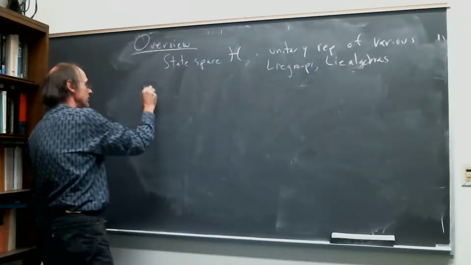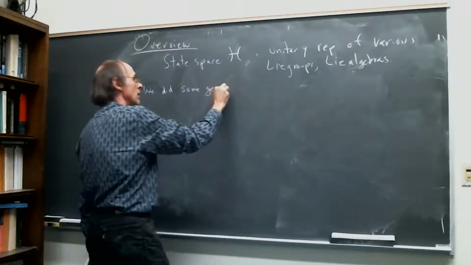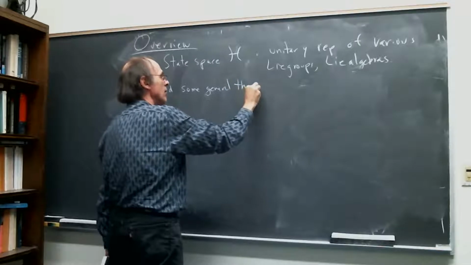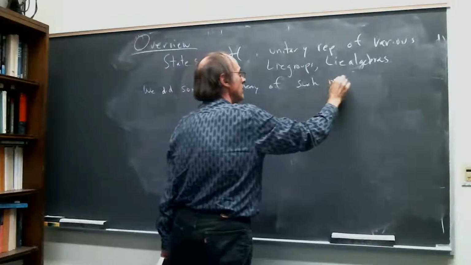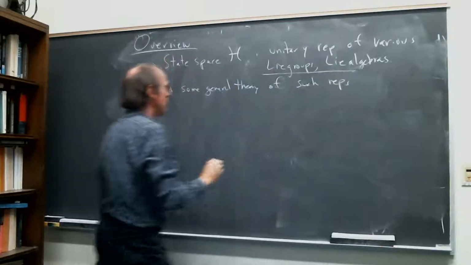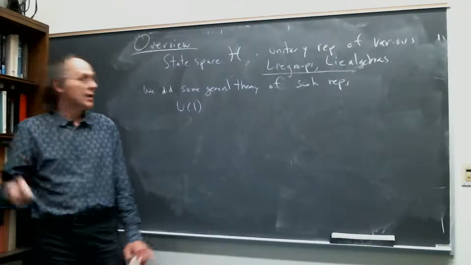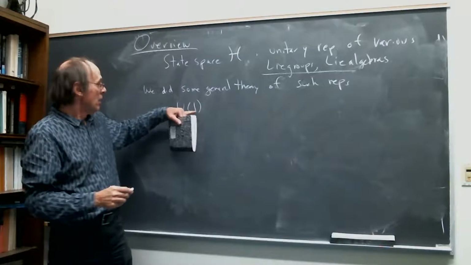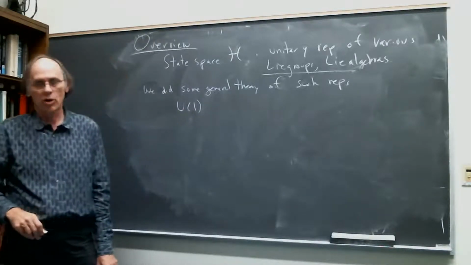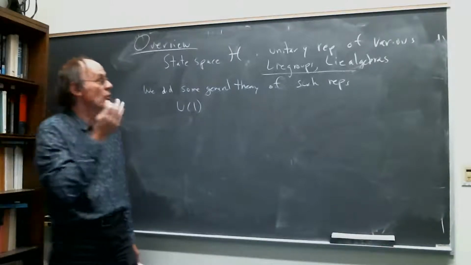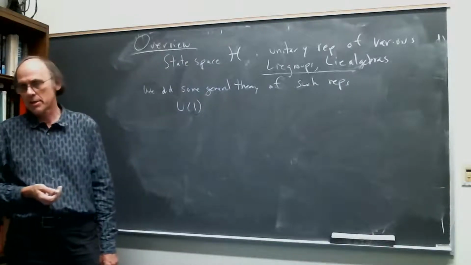Okay, so we did some general theory of such representations. In particular, we started with U1. We talked about the simplest Lie group, which is just the rotations in the plane, and we answered the question of what the algebra looks like and what all the unitary representations look like.